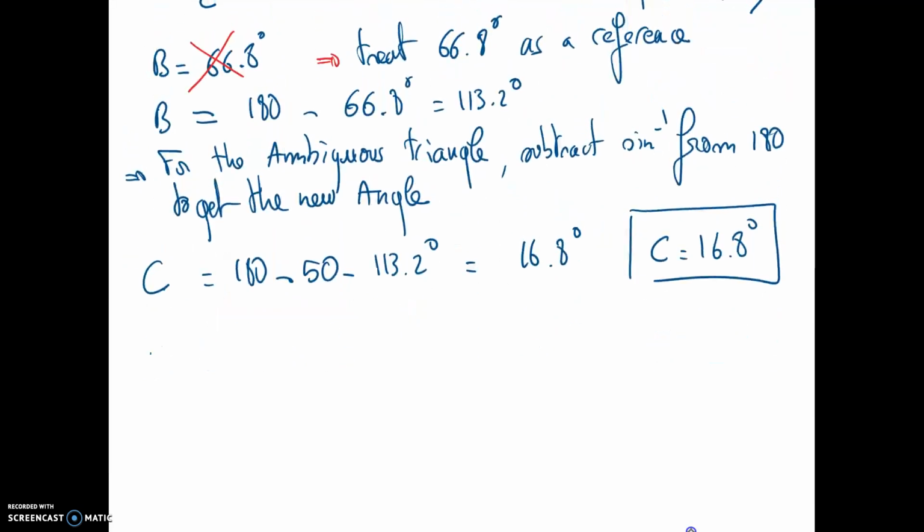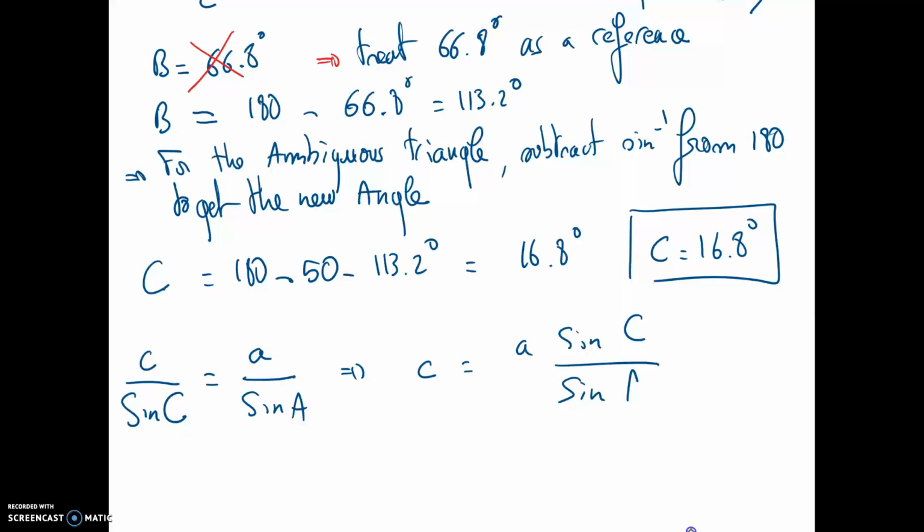And so now, using my formula, c over sine of the angle C equals a over sine of the angle A, and that implies that the length of the side c equals a sine of the angle C over sine of the angle A. When I substitute the values, you are going to find a value of c.